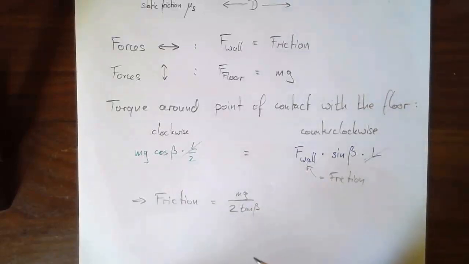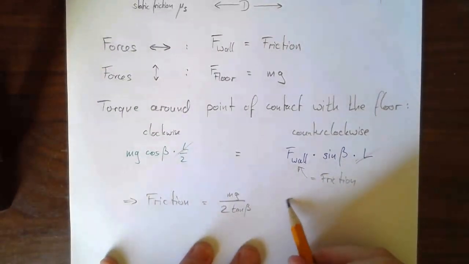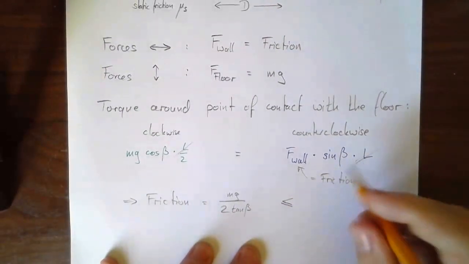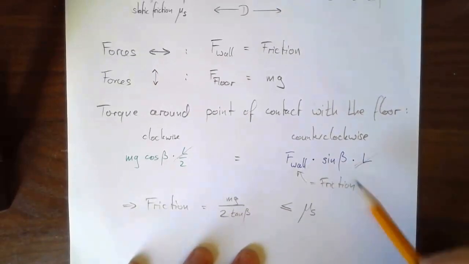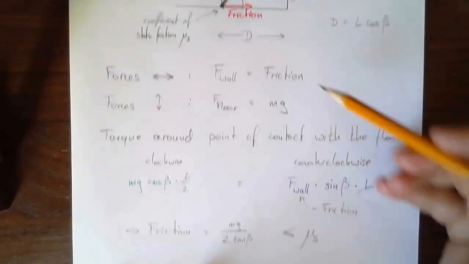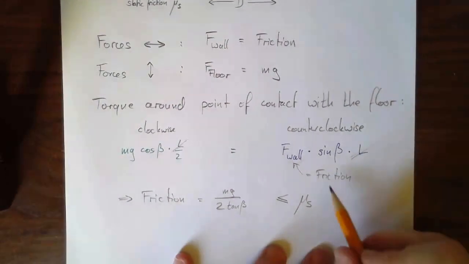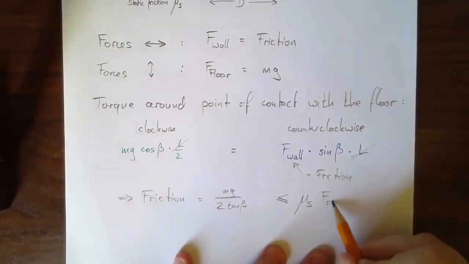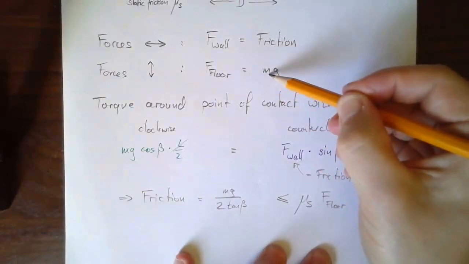Now what do I know about the force of friction? Well, I know that the force of friction is always smaller or equal to the coefficient of static friction times the normal force. The normal force is of course this one here, and I know what that's equal to. It's equal to mg.